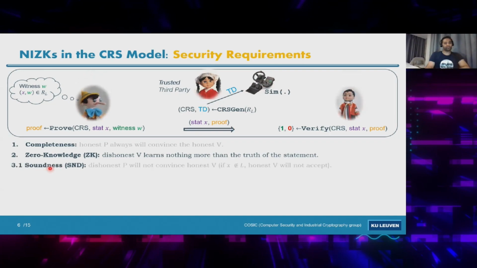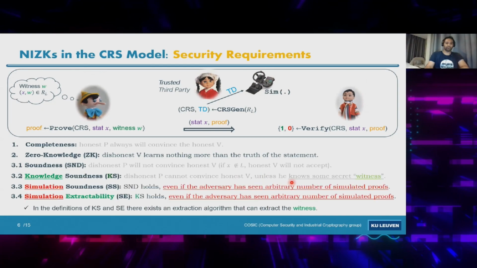But in the cases where the prover is malicious, similar to the previous case, we have soundness and sometimes even stronger notions like knowledge soundness, which I mentioned, that guarantees that a dishonest prover cannot convince the verifier unless he or she knows some secret witness. Sometimes we expect something even stronger, called simulation soundness or simulation extractability.